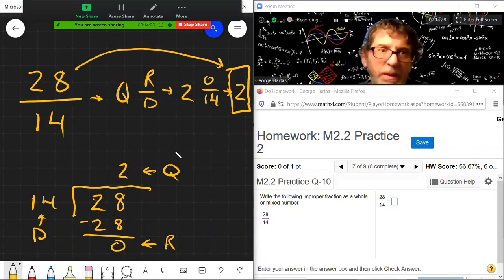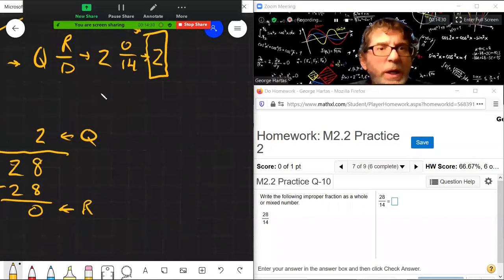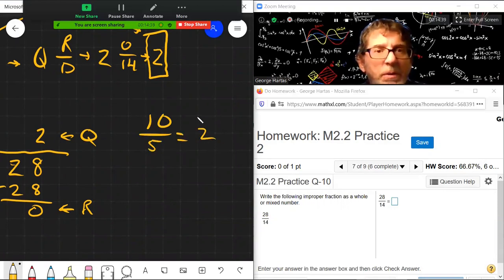All right? Another quick example is 10 over 5. Well, 10 divided by 5 is 2. I'm not going to bother with all that intermediate stuff.